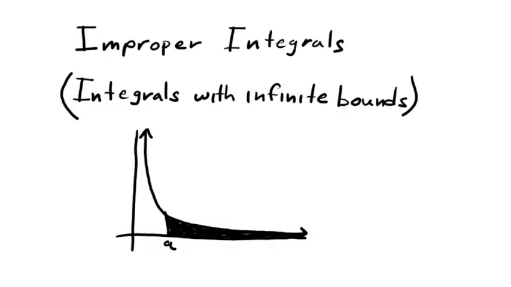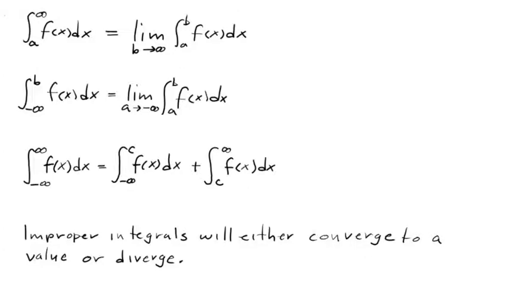Okay. Now, when we evaluate integrals that have infinite bounds, you have something that looks like this, the antiderivative from a to positive infinity of a function dx. Now, normally when you evaluate a definite integral, you take the antiderivative and then evaluate that at the bounds, but we can't do that if one of the bounds is infinite.